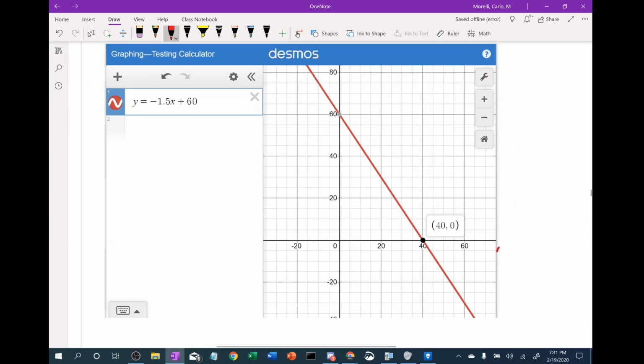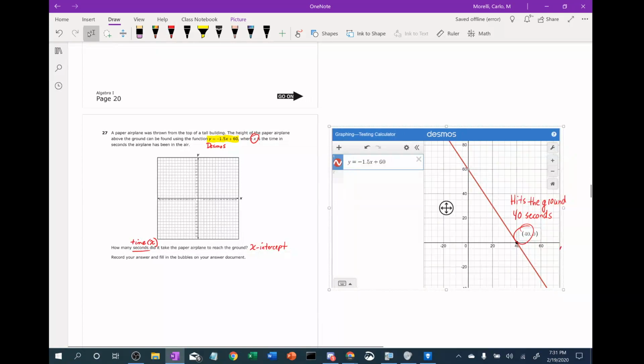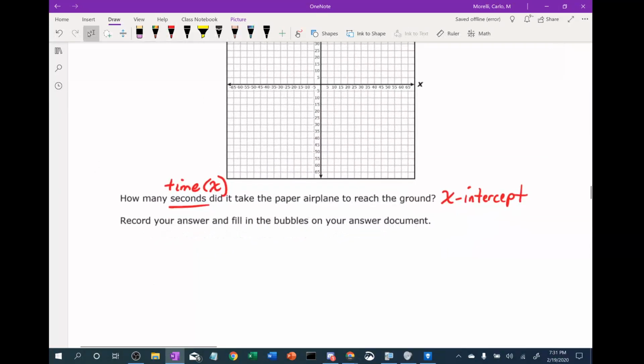So I'll say this, 40 seconds. This is when it hits the ground. So I think what you would want to record here is 40.